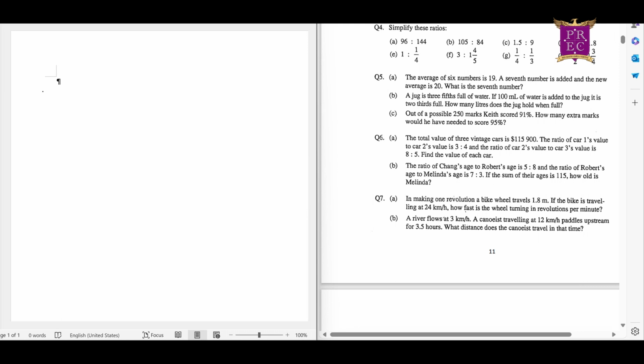So we know that the average of 6 numbers is 19. So what we do is we do 19 times 6, which gives us 114. And a 7th number is added to give you the average of 20. To find out what the total is, we do 20 times 7, which gives us 140.